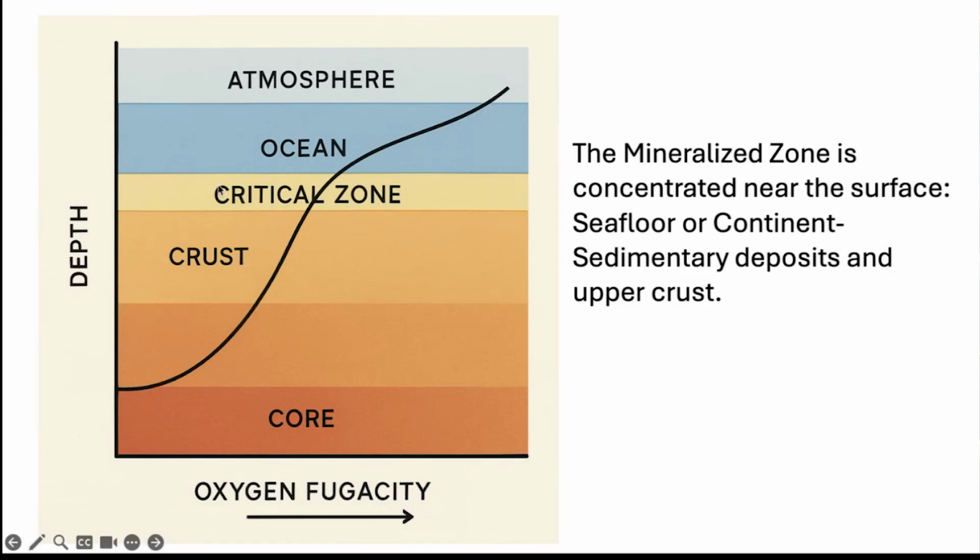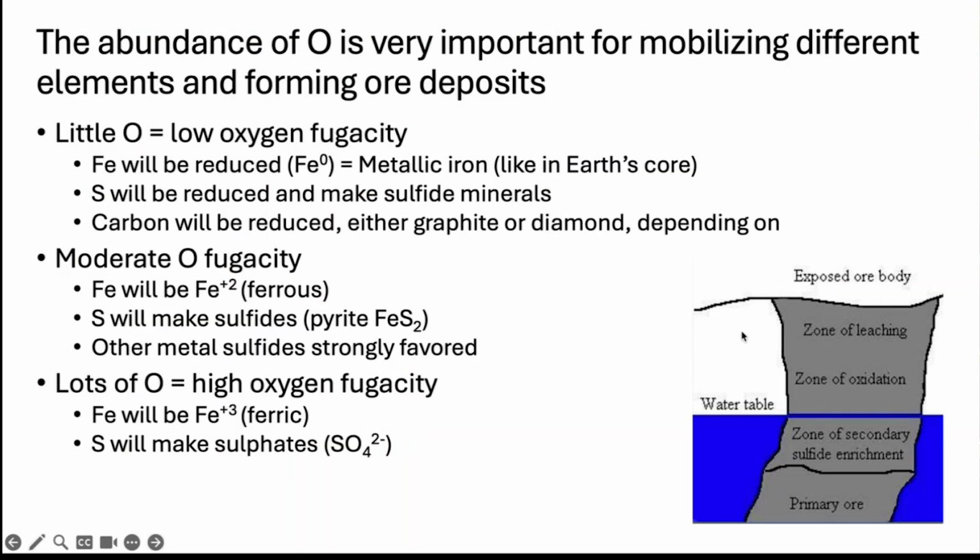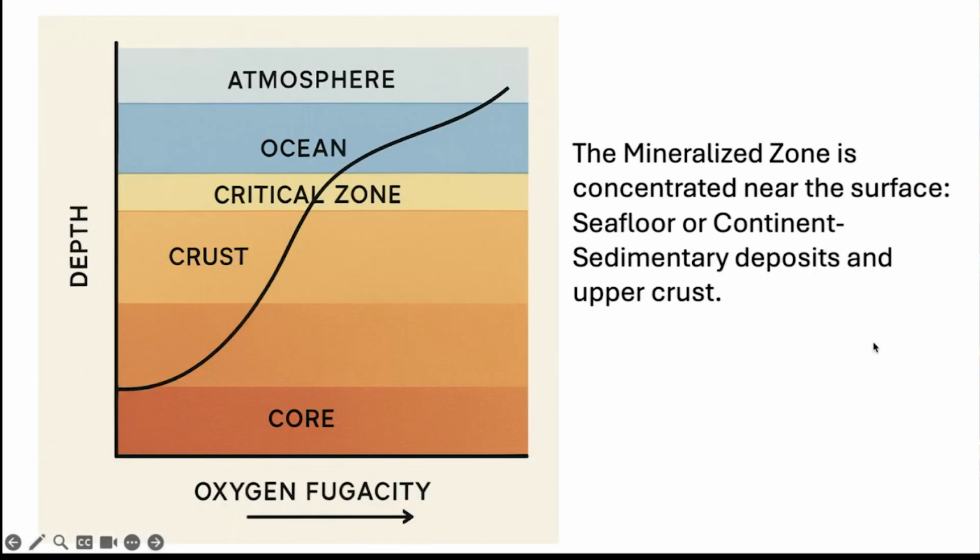And then we got this critical zone, which is usually referred to now as soil. When you say critical zone, now most people will think of what's going on in the soil. But if you think about what's going on here, this is kind of a critical zone too for what's happening to ore deposits.